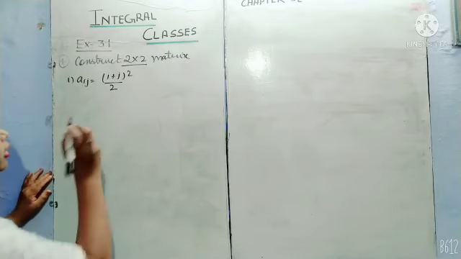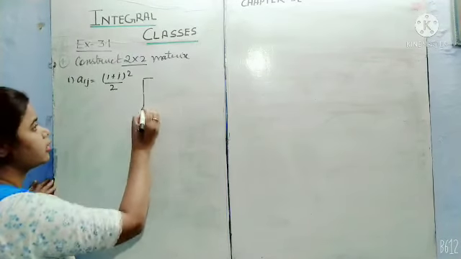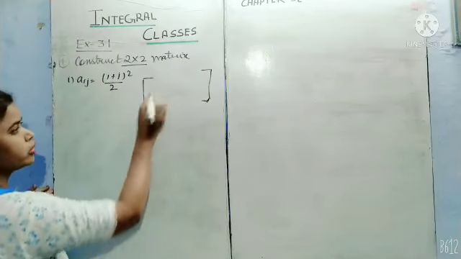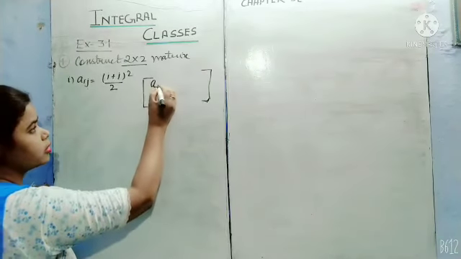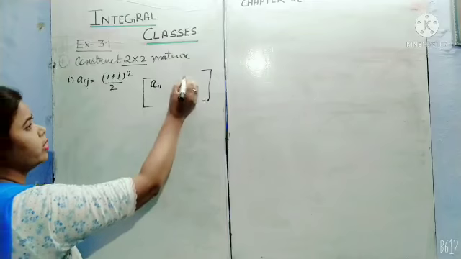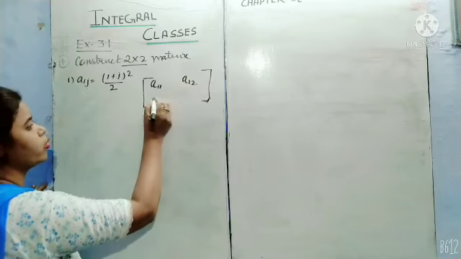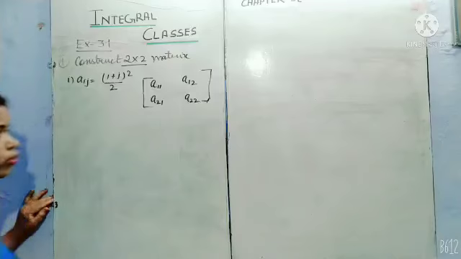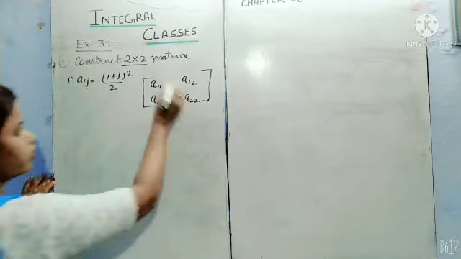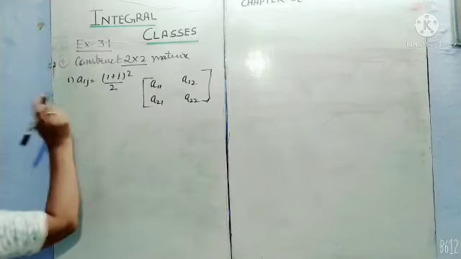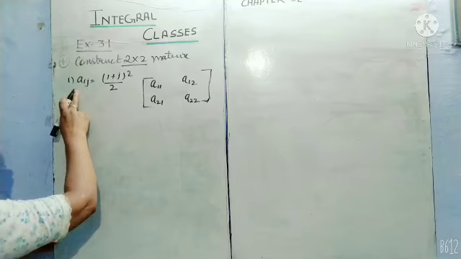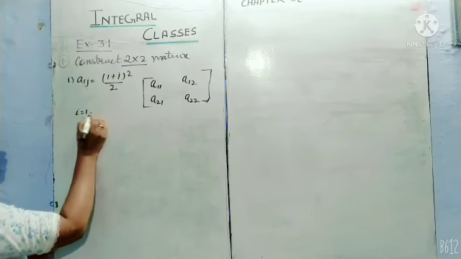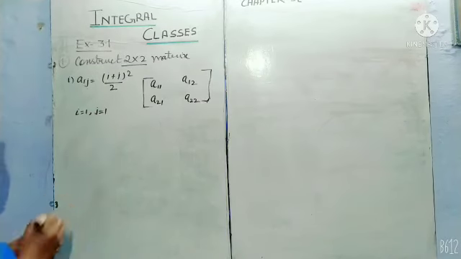So student, if we construct a matrix of 2 into 2, then what are the elements A11, A12, A21 and A22? It means we will put in the values. So firstly we will put in this formula i equal to 1 and j equal to 1.